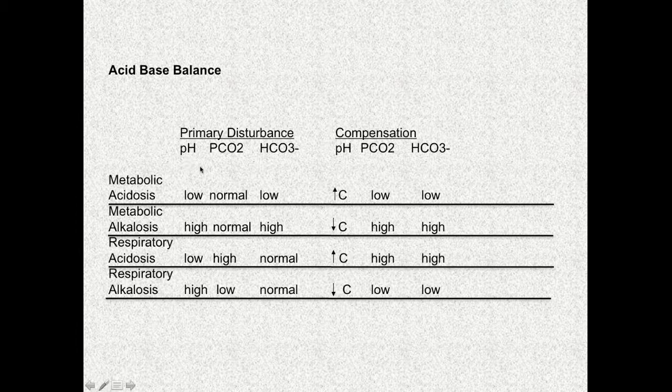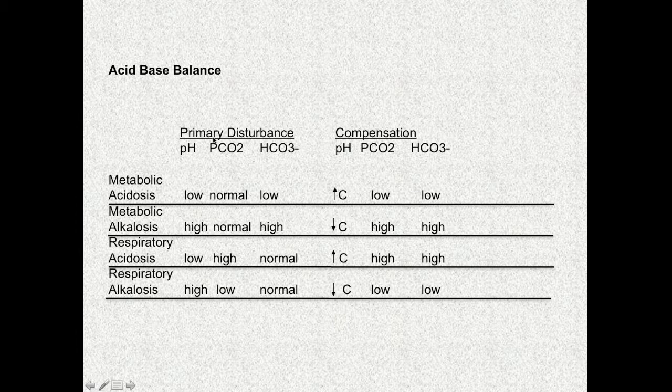So, a metabolic acidosis. In metabolic acidosis, the pH is going to be low because it's an acidosis. So it's going to be lower than our normal range. The PCO2 is going to be normal.